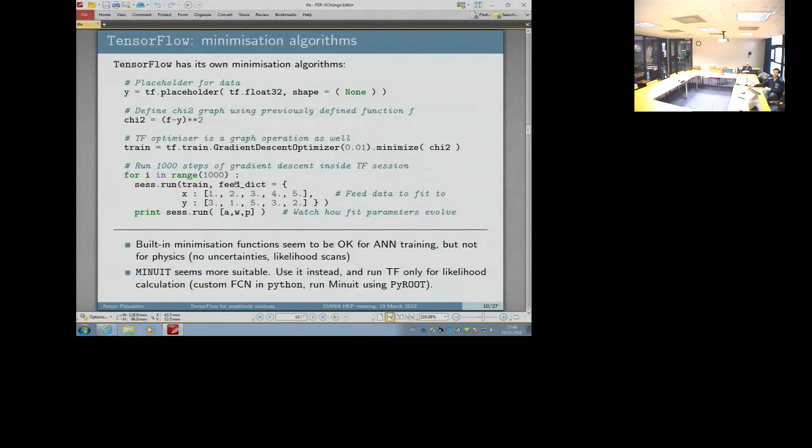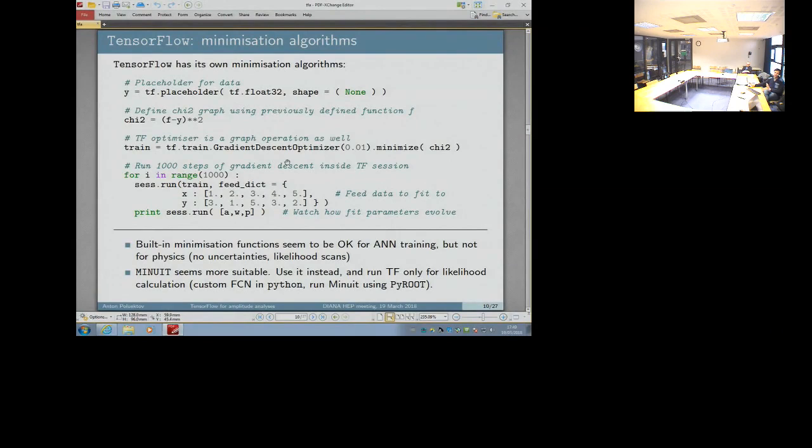So now you're feeding the input data and the output, and you're minimizing the chi-squared, and you define your gradient descent optimizer like this, which will minimize this chi-squared, and this loop will run 1,000 steps of gradient descent. Like 1,000 times it will run this optimizer, which is a gradient descent optimizer.